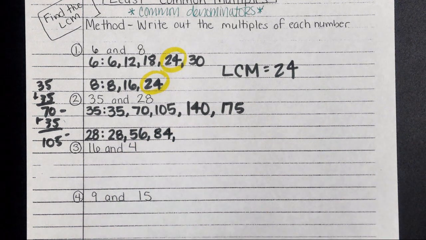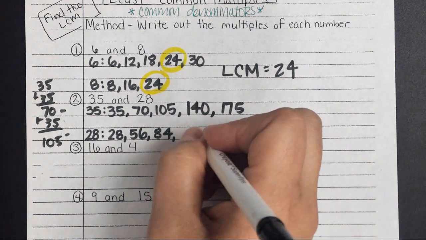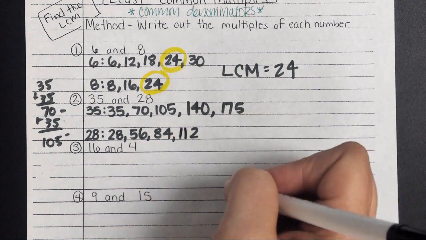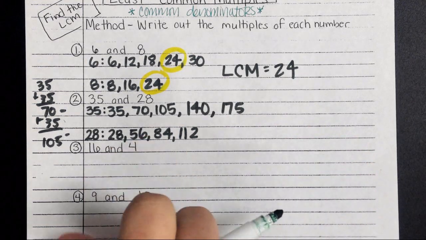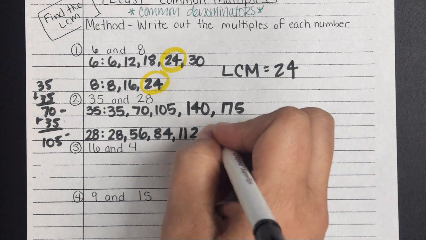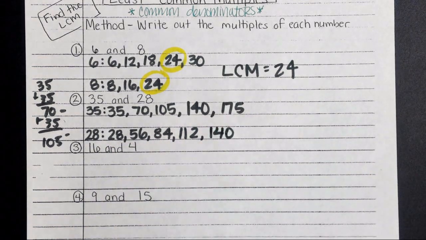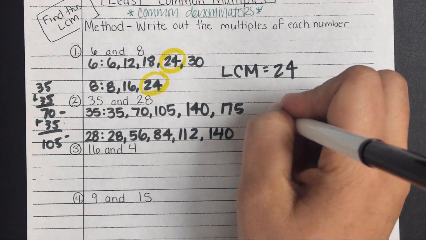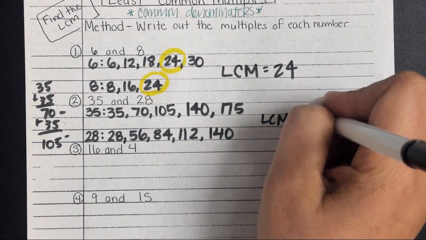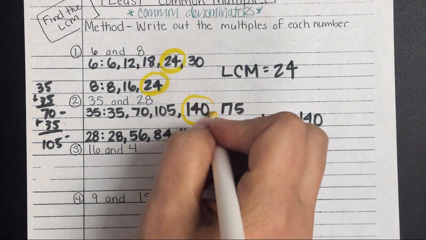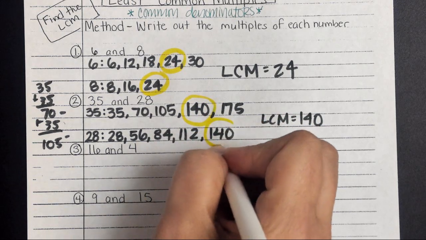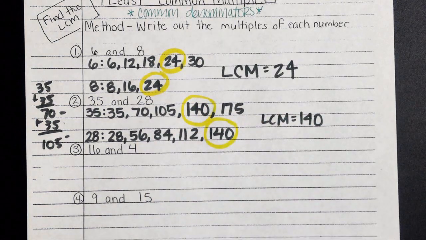Then that will give us 112. Then 140. What do you see? So, our least common multiple is 140. And it is the least because it's the first one that they both share in common.